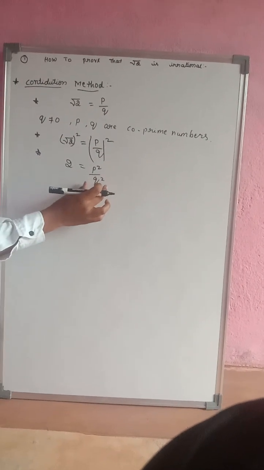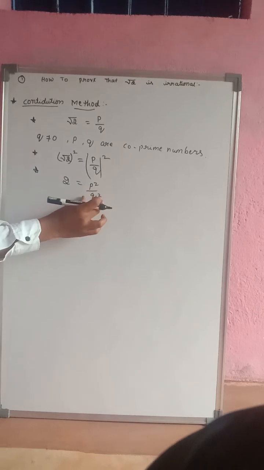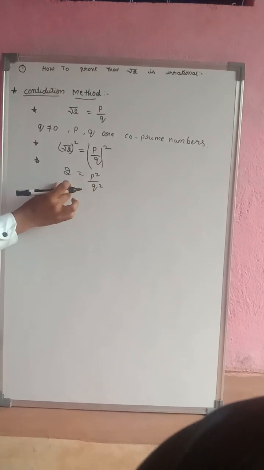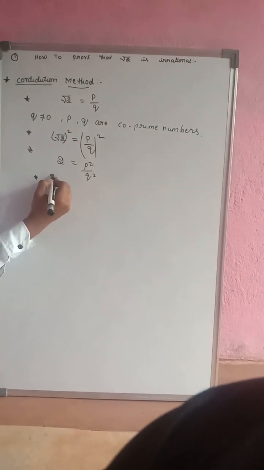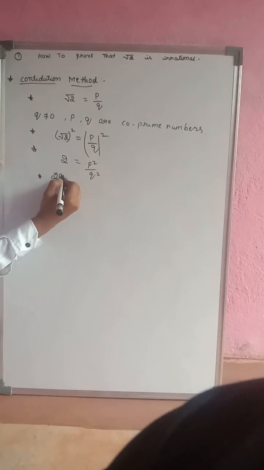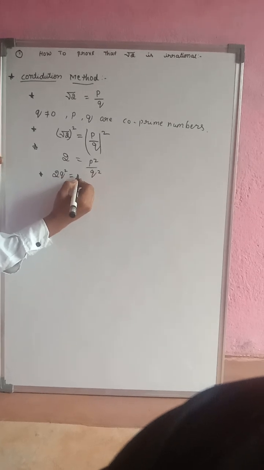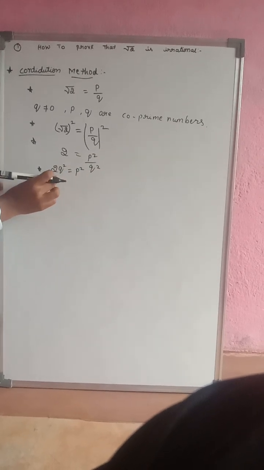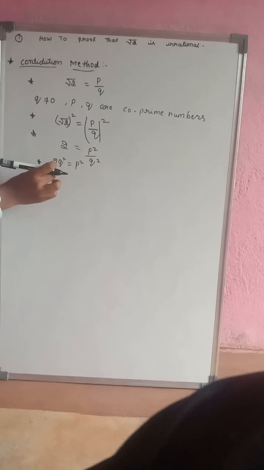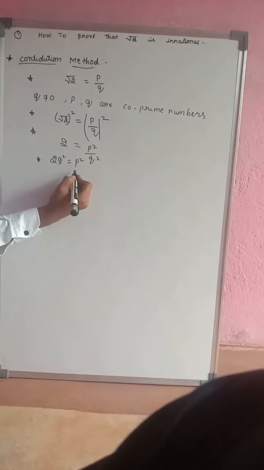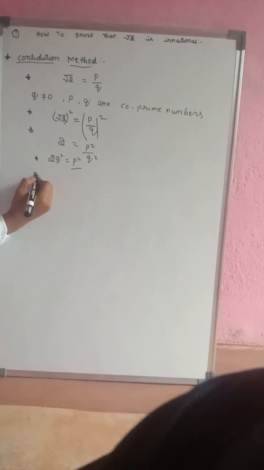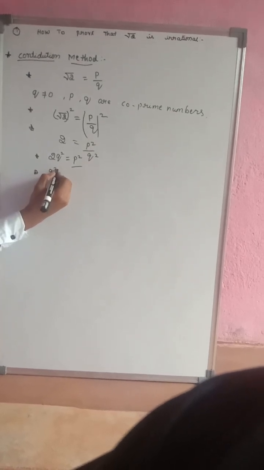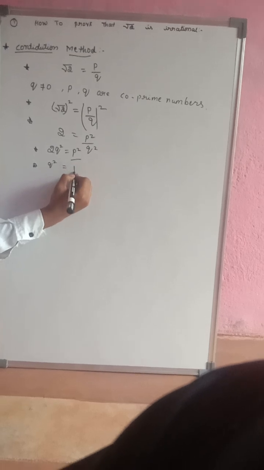Now if I take this q square term to the other side, I get 2 q square is equal to p square. When I take this 2 to the right side, I get q square is equal to p square by 2.